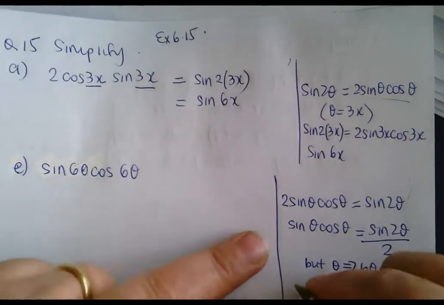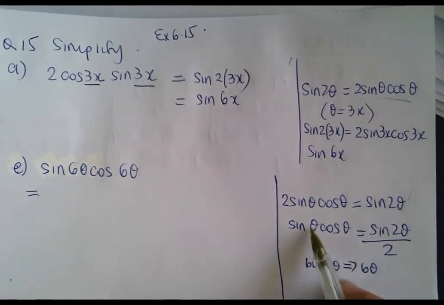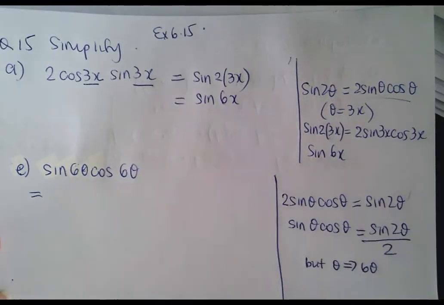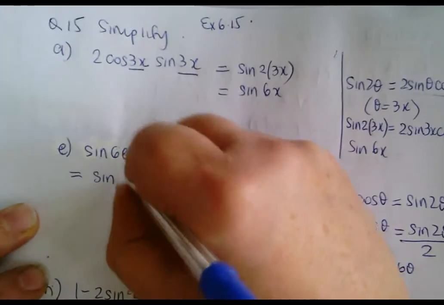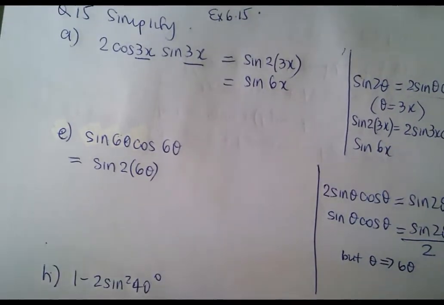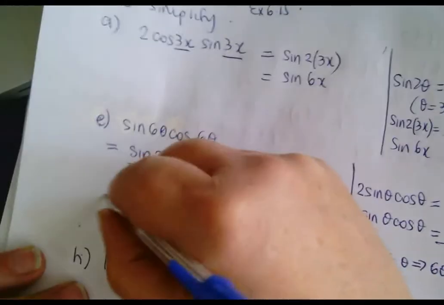Do you get it? So you need to do this working out on the side. So what have I got? I've got the sine of 2 times 6 theta, over 2. Are you okay? Because the theta is going to be replaced with the 6 theta.